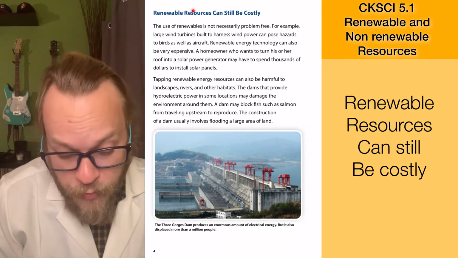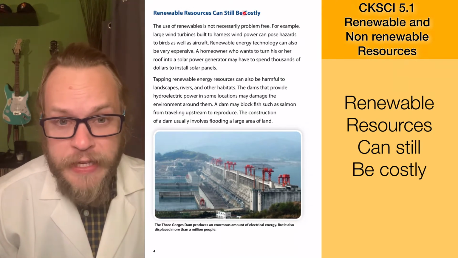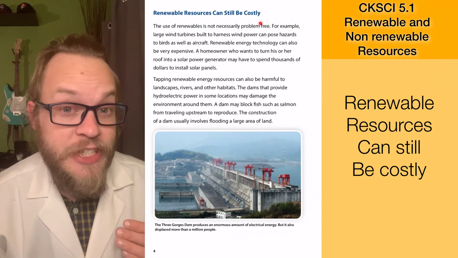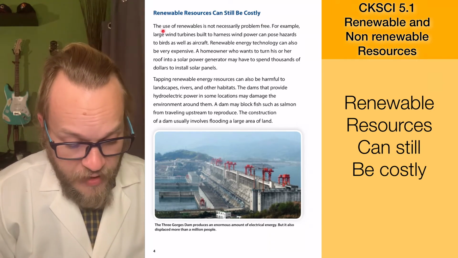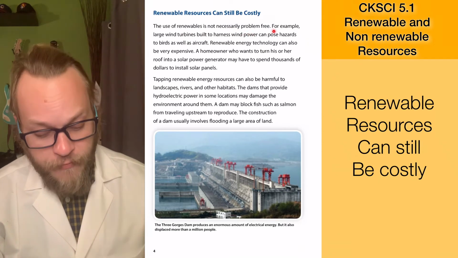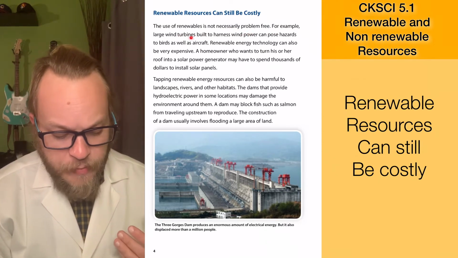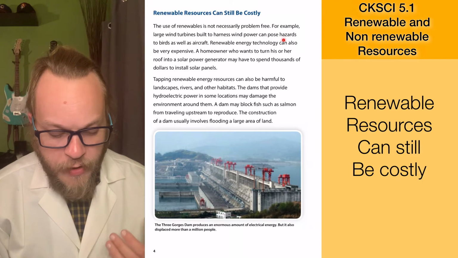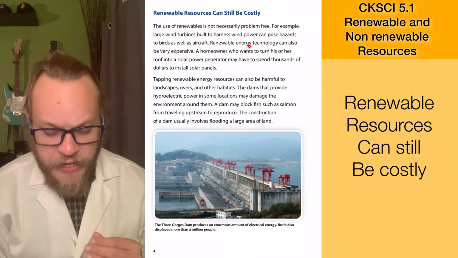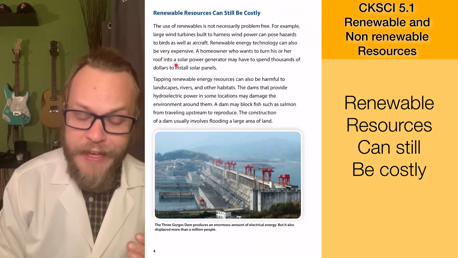However, renewable resources can still be costly. Just because we can renew it doesn't mean that it's the cheapest option. The use of renewables is not necessarily problem-free. For example, large wind turbines built to harness wind power can pose hazards to birds as well as aircraft. Renewable energy can also be very expensive.